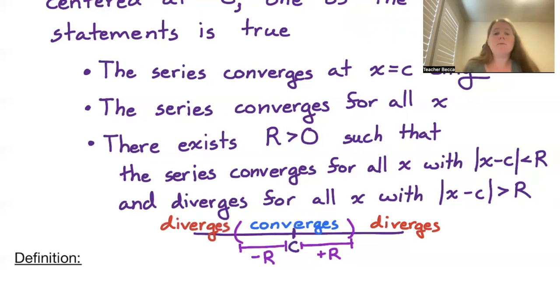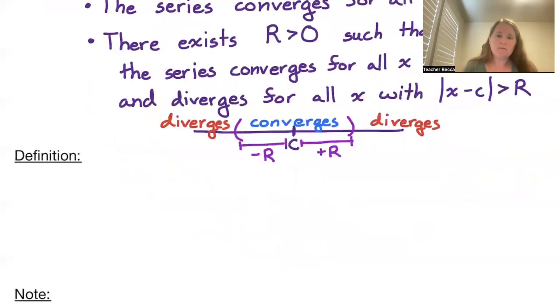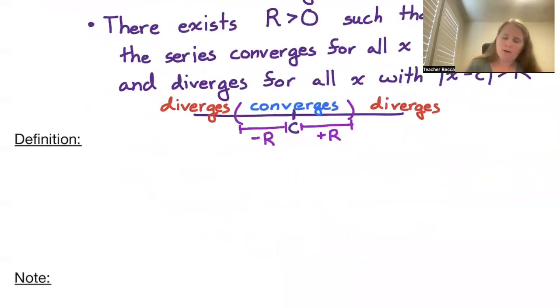So this is one of the reasons that we say our power series is centered at c, is because c is right in the middle of the region where it converges. So for a definition, we call this R the radius of convergence.